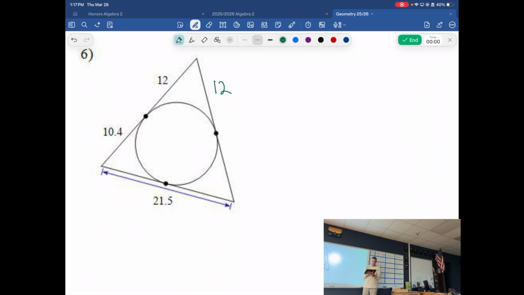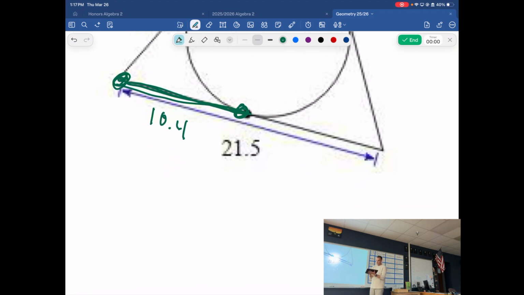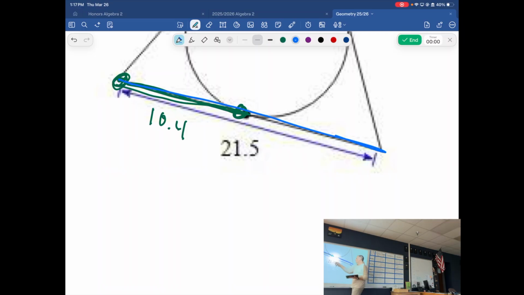But that 10.4 is just the distance from there to there. I know this whole thing right here is 21.5. So if the blue line is 21.5, and I know the green line is 10.4, can I find that red line?